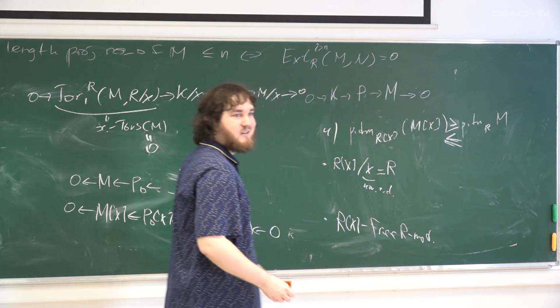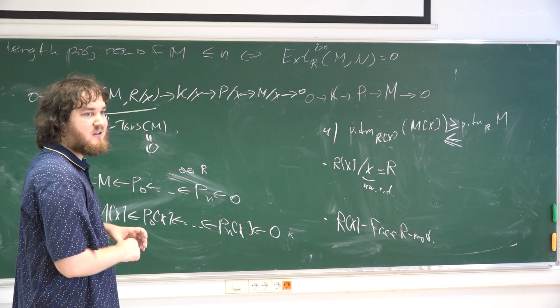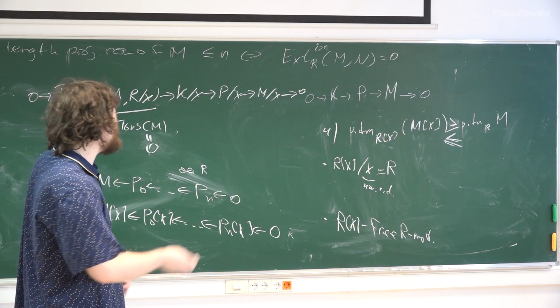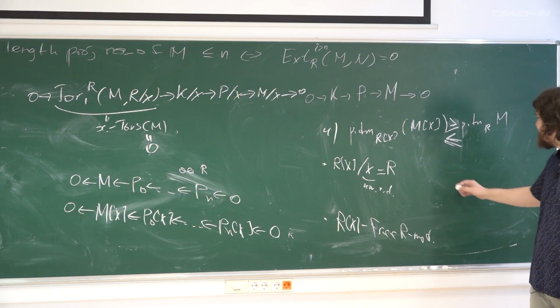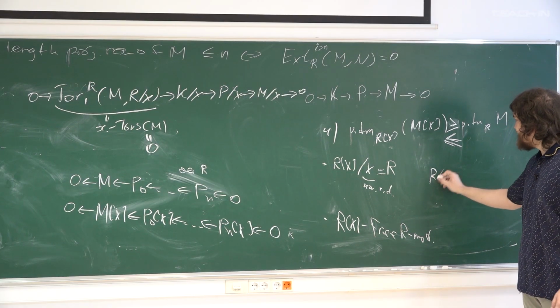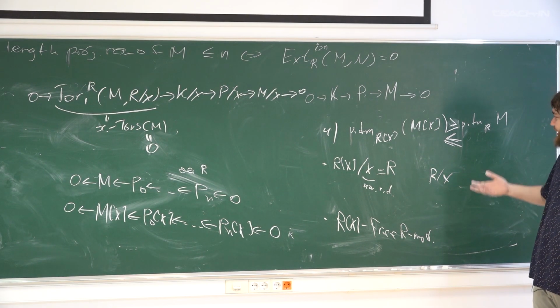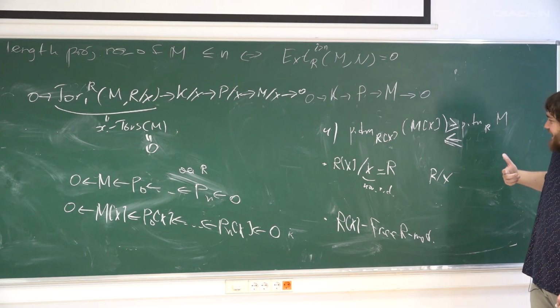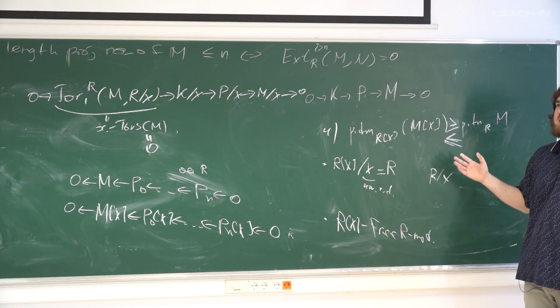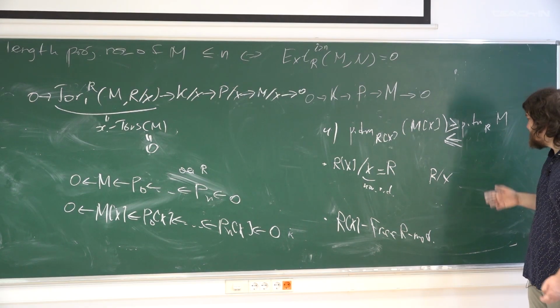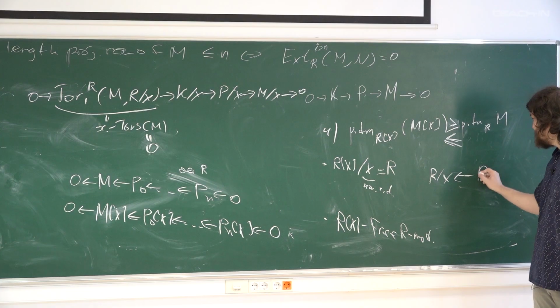Okay. And so you have this inequality in a more general setting. It's a strange situation because you have some non-zero divisor, you can consider the quotient, but you need that R itself is a module over the quotient. This is in fact strange because you have this epimorphism.